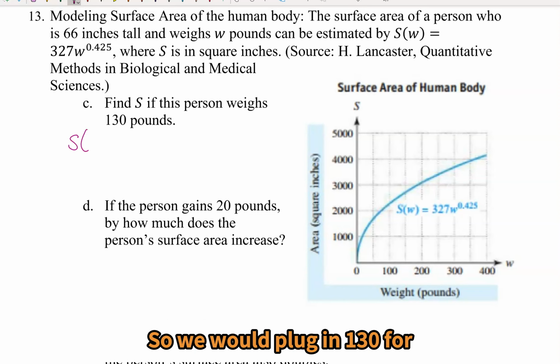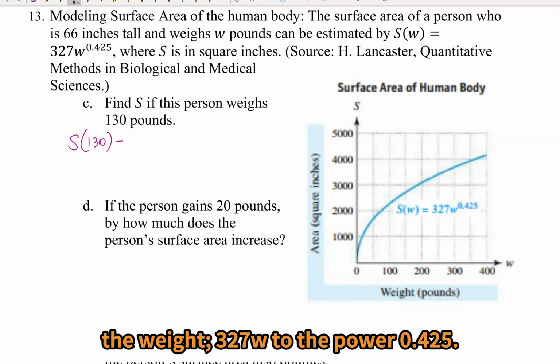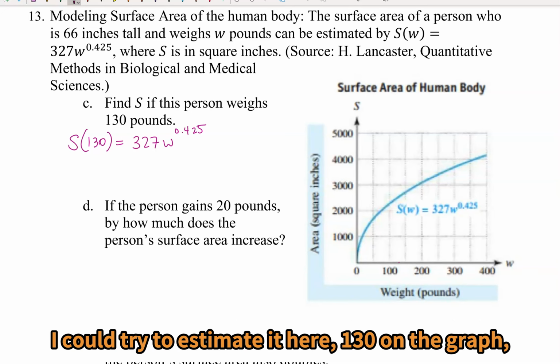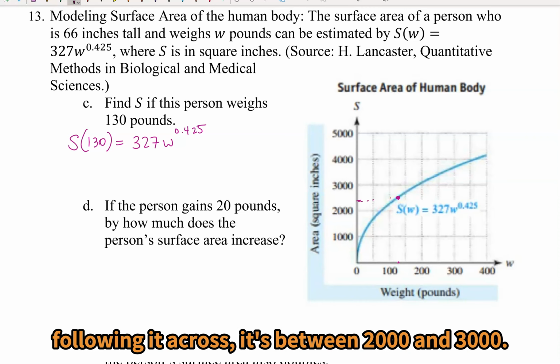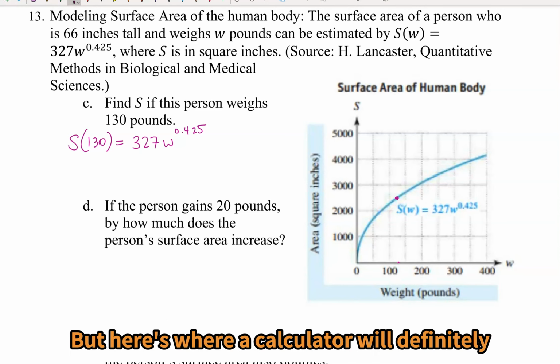So we would plug in 130 for the weight. 327 W to the power 0.425. I could try to estimate it here. 130 on the graph, following it across between 2,000 and 3,000. But here's where a calculator will definitely come in handy.